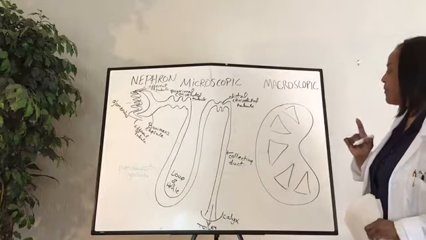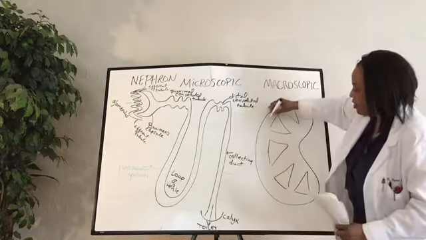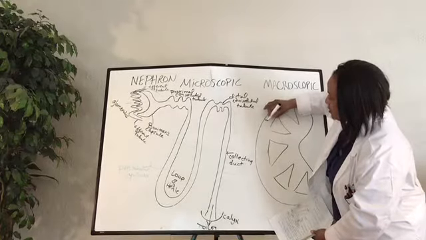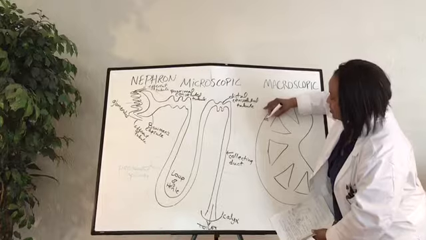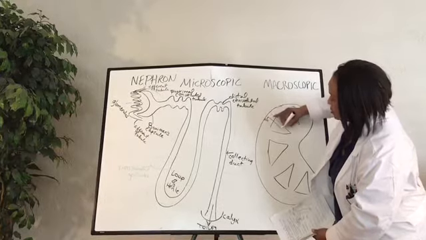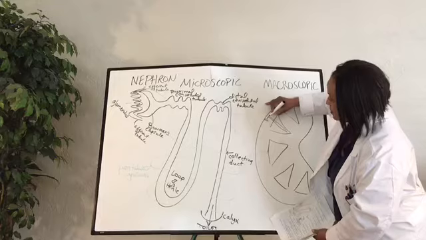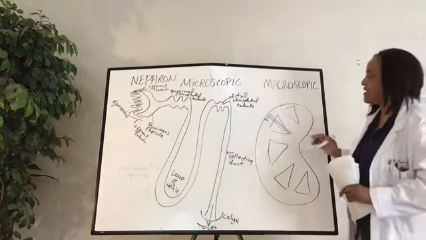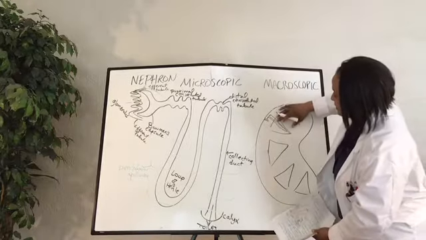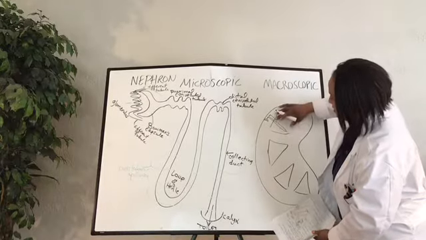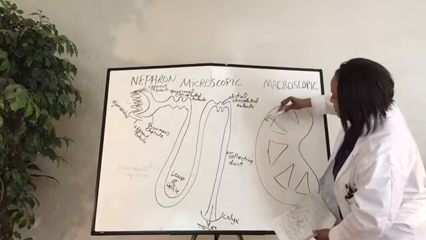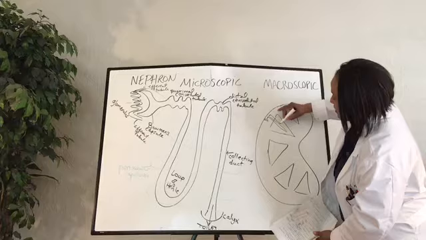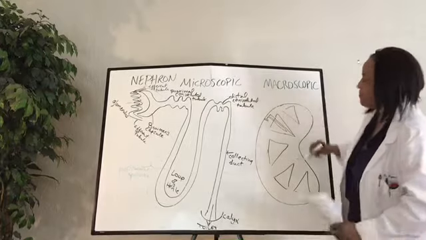So, point being made here is that I'm going to draw, let's just draw one of them. Here's the glomerulus, Bowman's capsule, convoluted tubule, coming down, and boom. I'm going to make this a little bit exaggerated to make sure you can see that. All right.